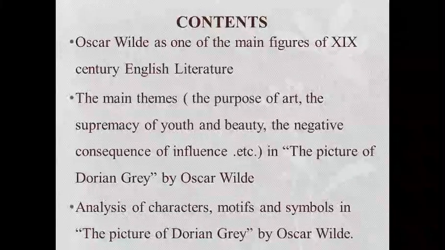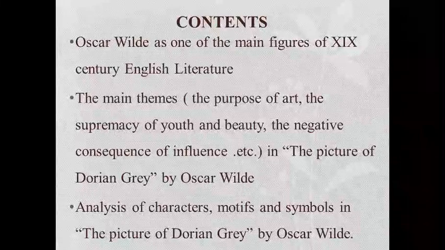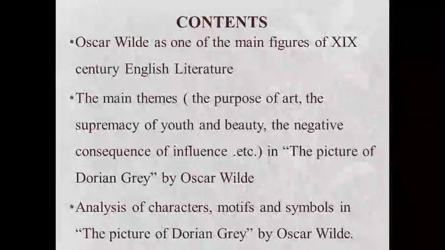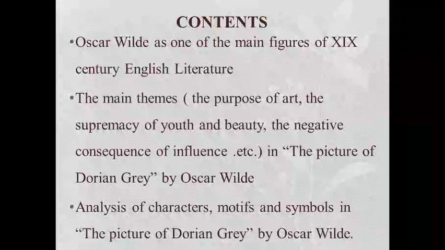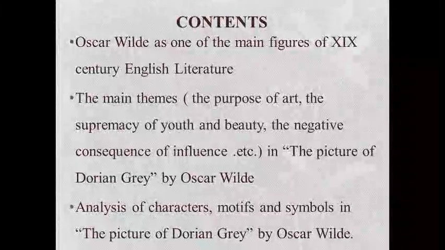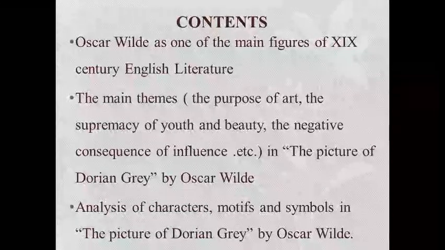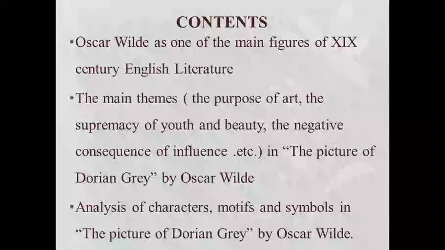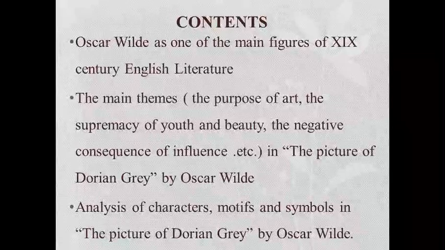The second topic is about the main themes, like the purpose of art, the supremacy of youth and beauty, the negative consequence of influence, etc., in The Picture of Dorian Gray by Oscar Wilde. And the last topic is about the analysis of characters, motifs, and symbols, and also I will tell you about the literary elements of this novel. So let's get started.